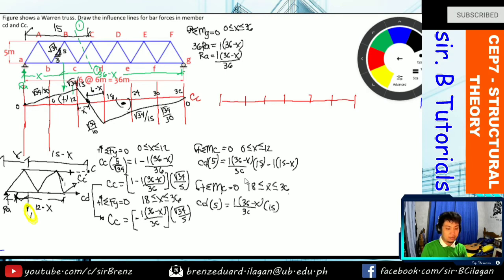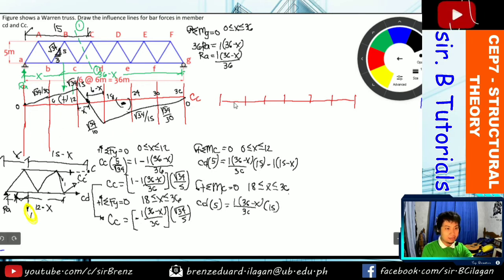So, calculate. So, 0 muna. Okay, so at the distance 0, value is 0. Calculate. 6. So, at a distance of x na value of 6, so that is 7 over 10.